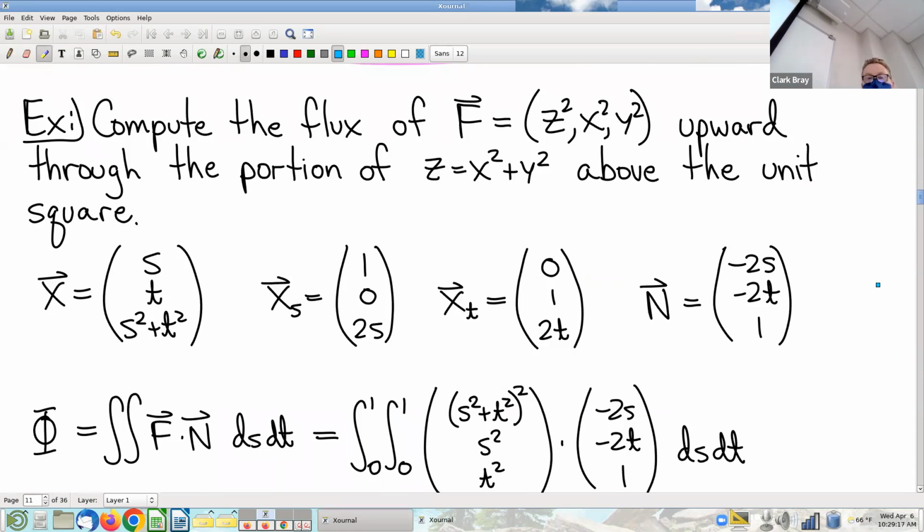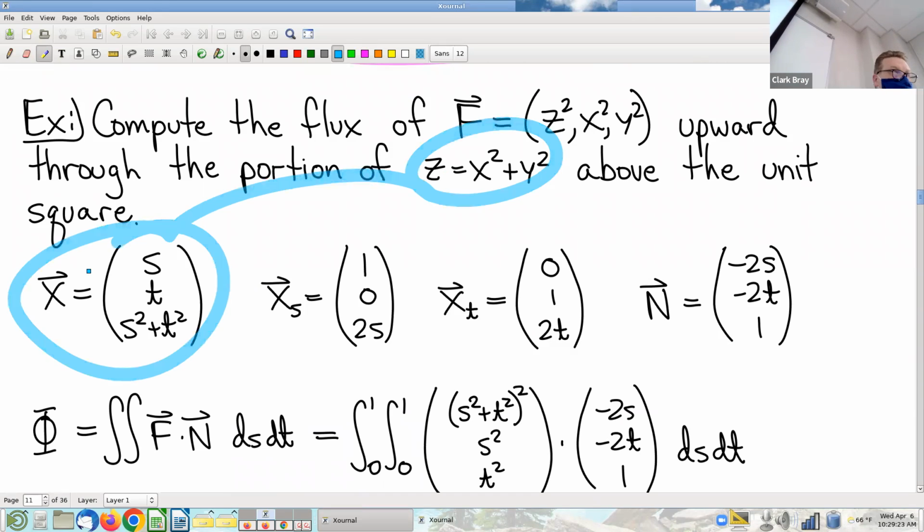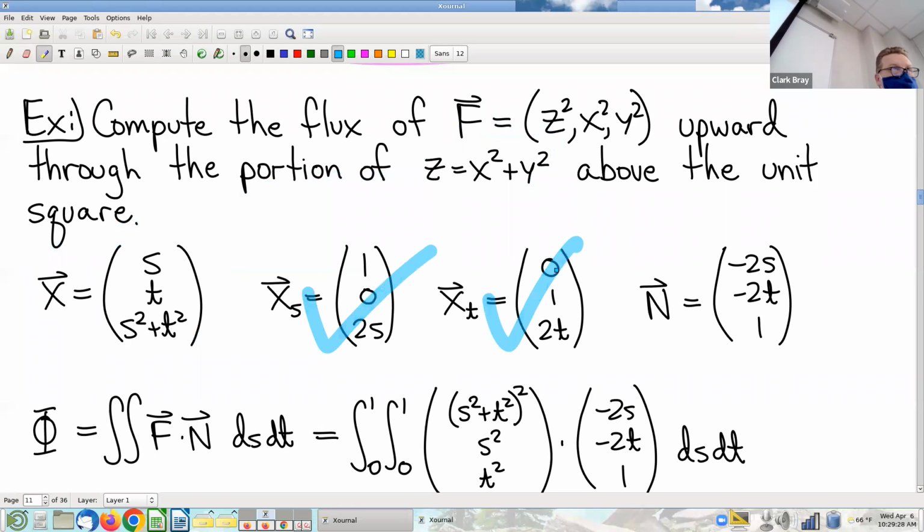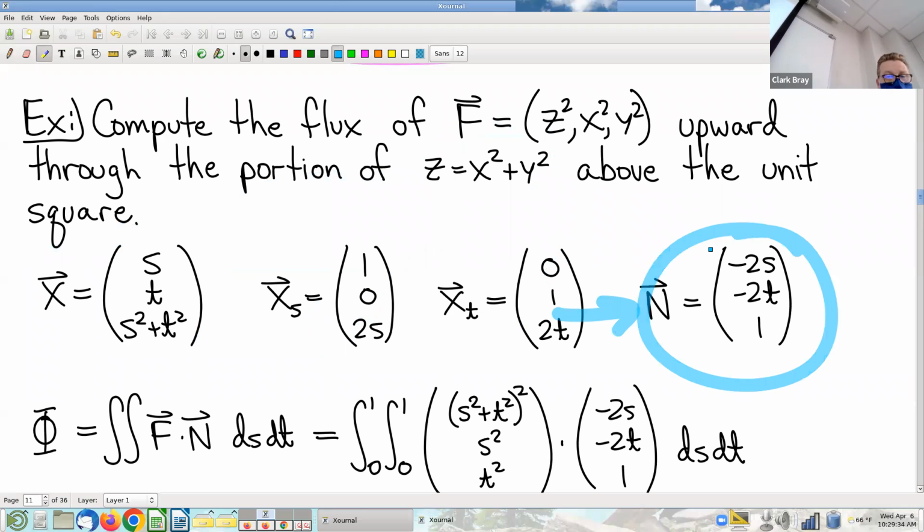So, okay, let's do that part. Graph parameterization, partials, cross product. Now, I just glossed over several significant ideas from the course, but these are things we've talked about.